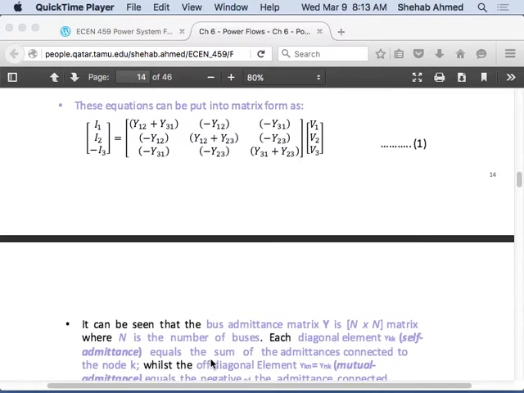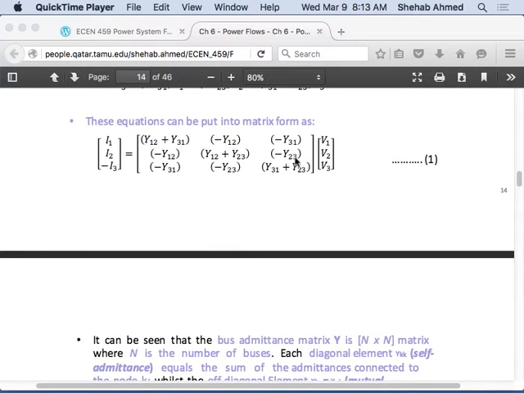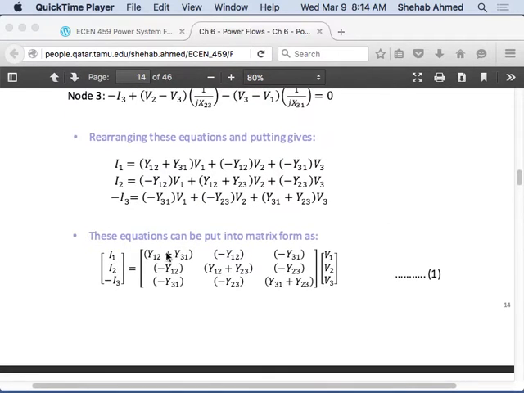And we also introduced the term admittance matrix in the last class. This Y matrix is sometimes called the Y bus matrix, or the admittance matrix. Its diagonal elements are the sum of admittances connected to each bus.